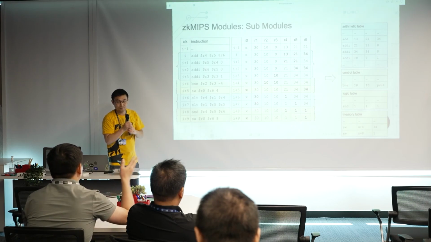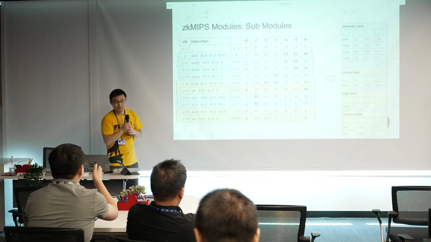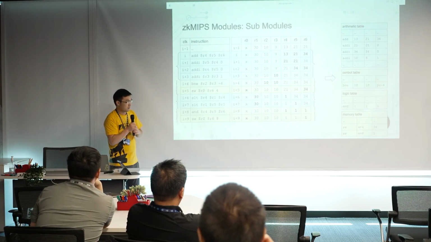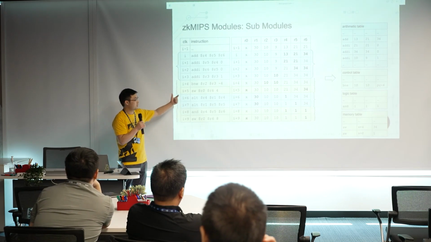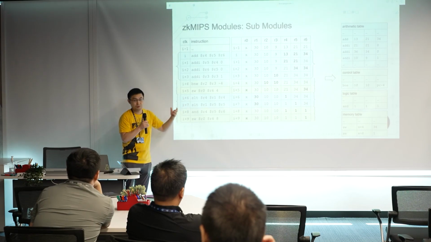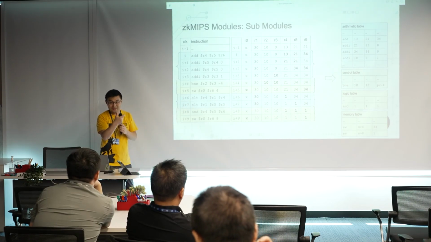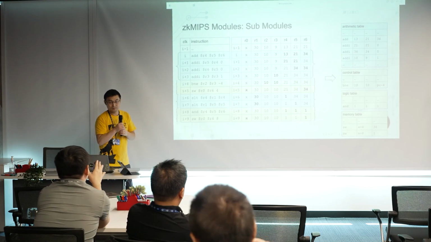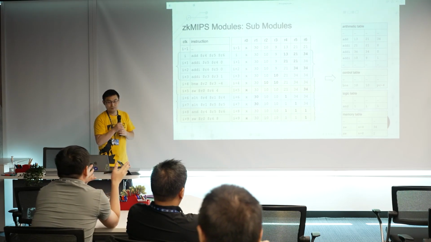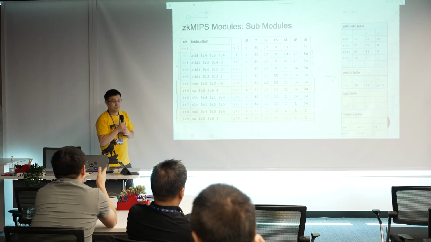You mean the right side table should be a subset of the big table on the left, right? Yes, we use a selector to select the specific columns and then check the equivalence between the two selected tables. So the tables are the right side and the left side, right?